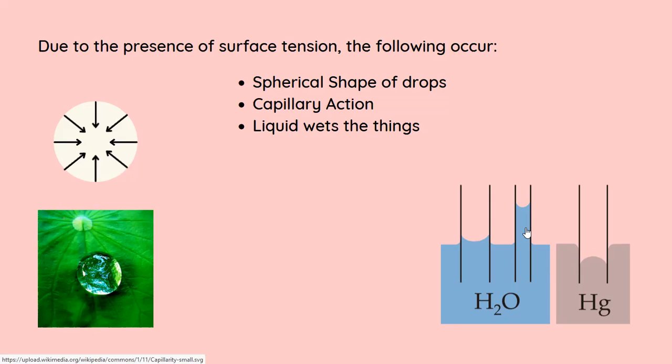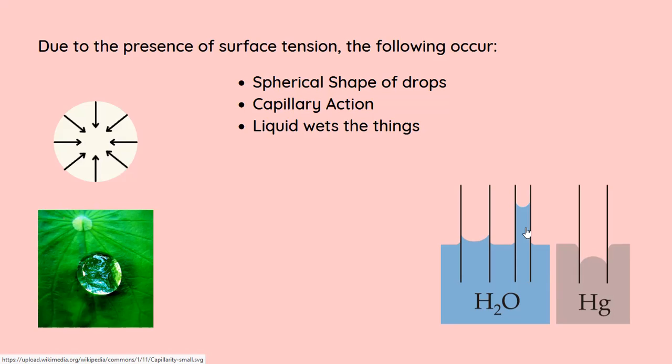Another example of this is ink rising in blotting paper, or in lamps, where you have the oil at the bottom and the wick first takes up some amount of oil, but even then it stays lit for a long time, and that's because of capillary action.